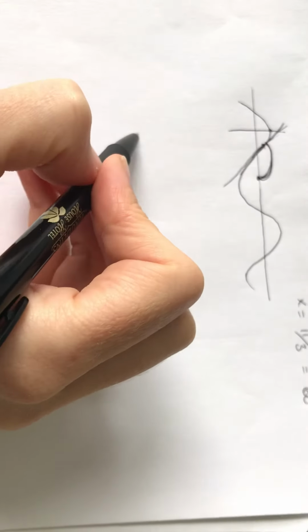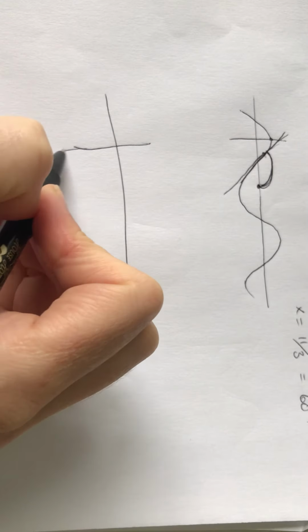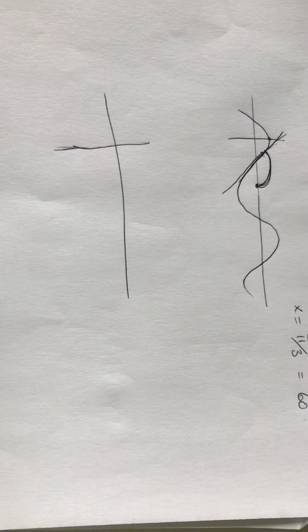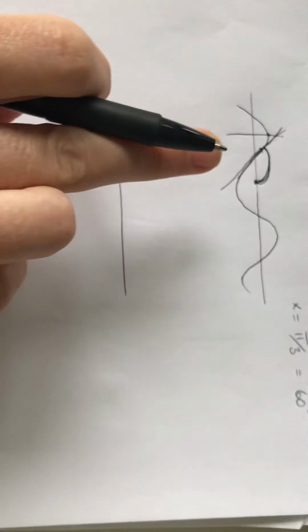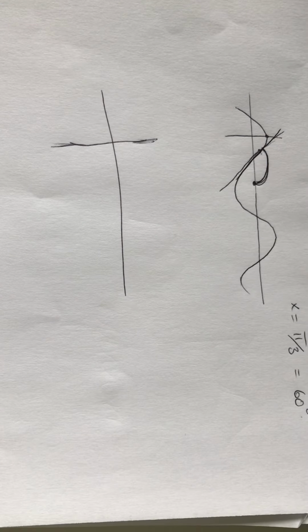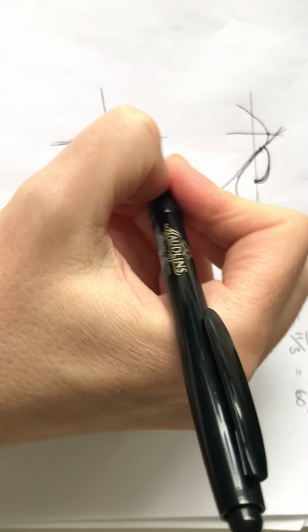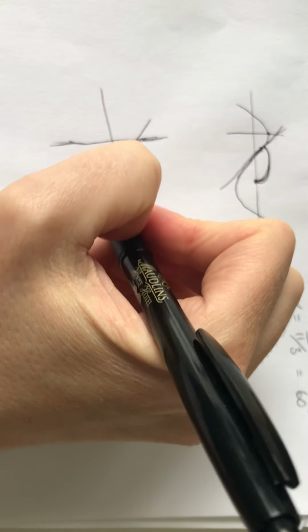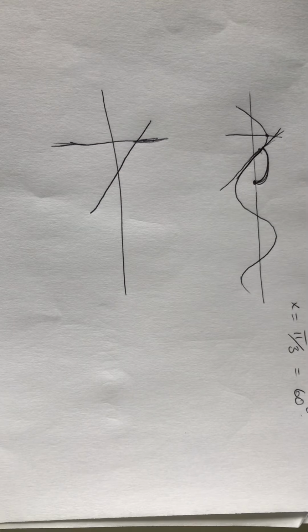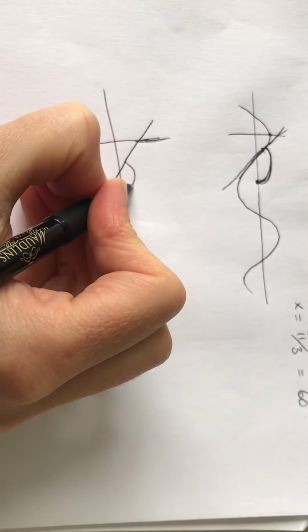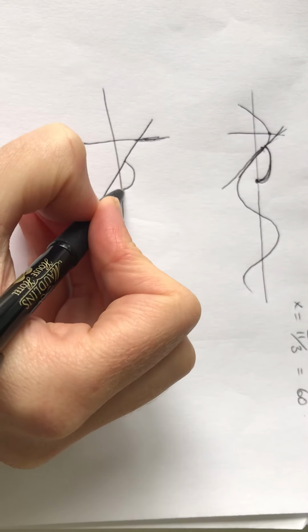Because if I take away the function, I'll be left with this kind of a line. And I want to know the angle that's made with the positive side of the x-axis.